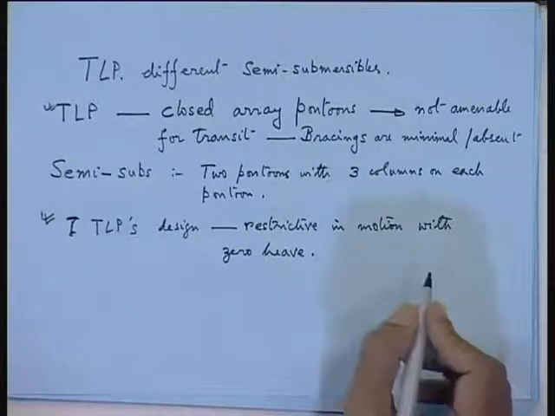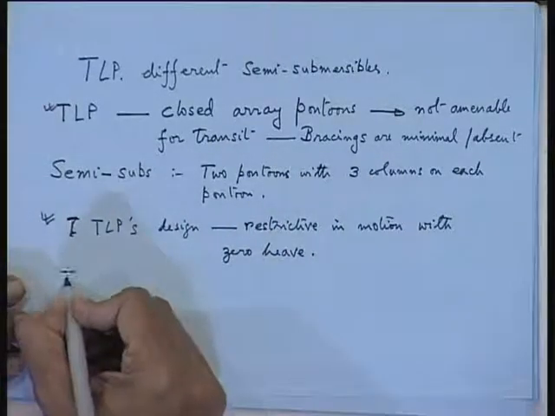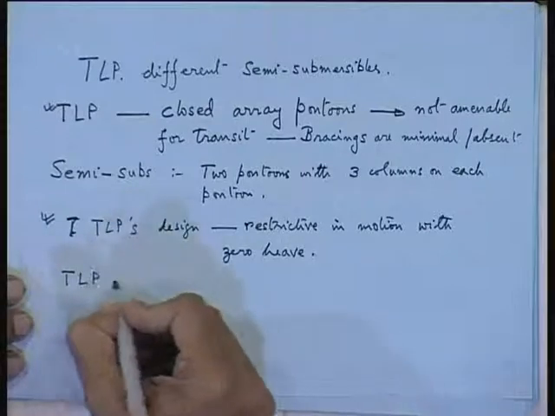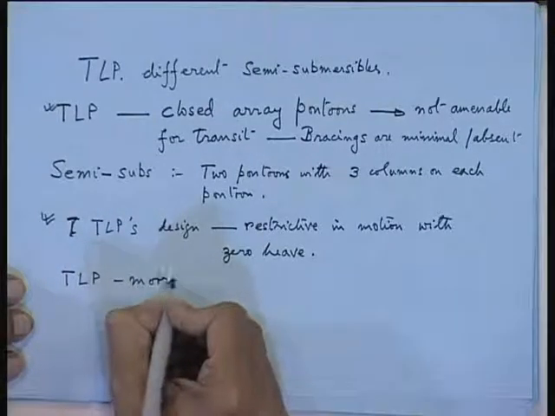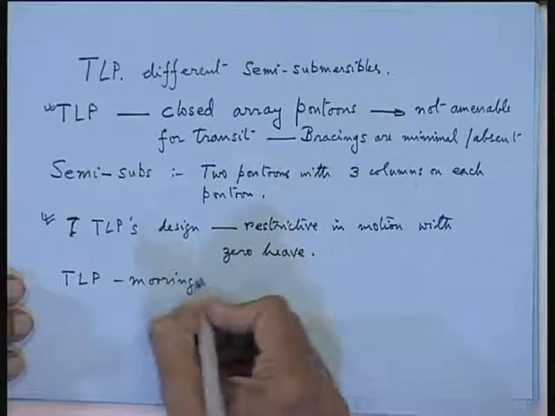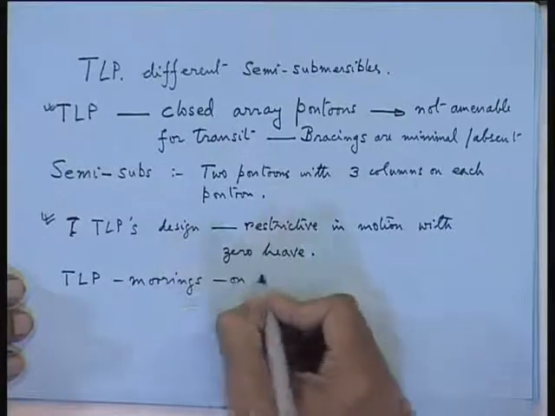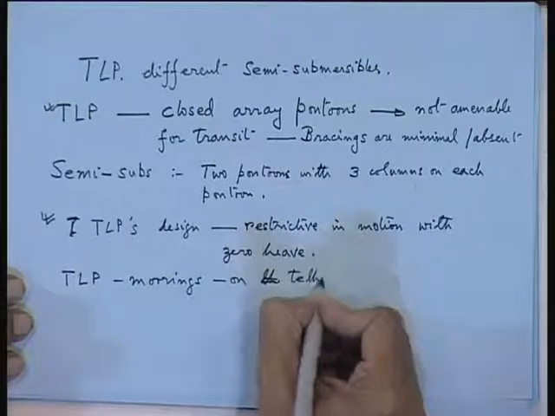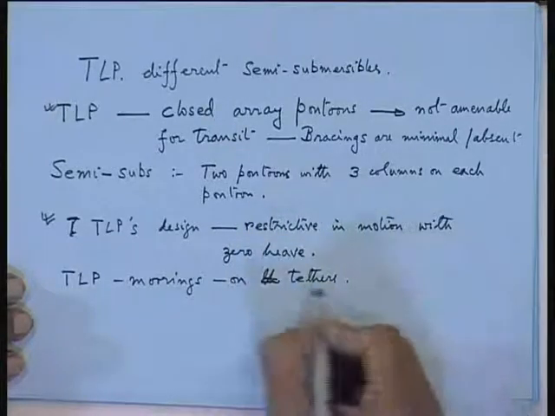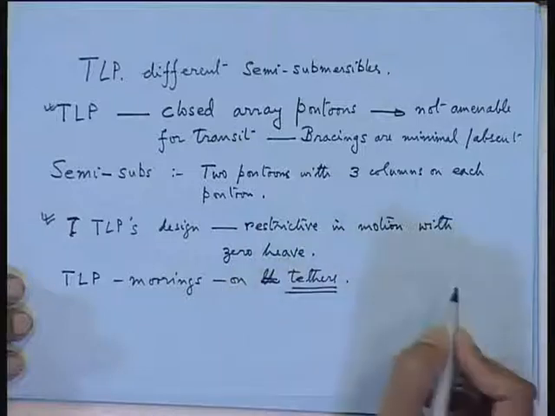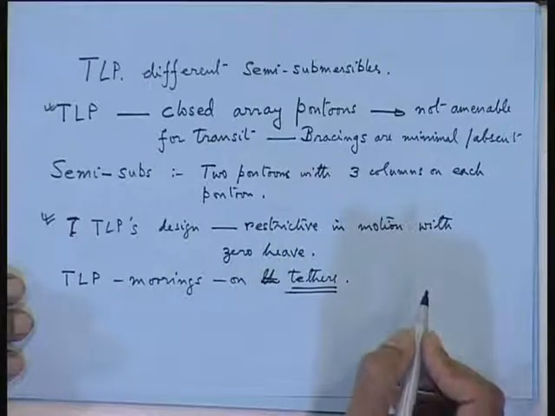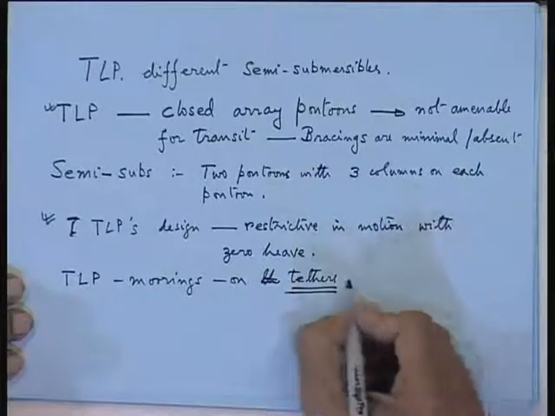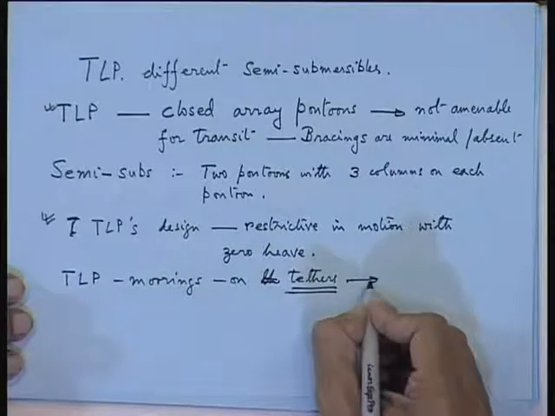So, these moorings, TLP moorings, are essentially on tethers. So, the tether is actually the main mooring connection with the seabed. Now, tethers also give what?